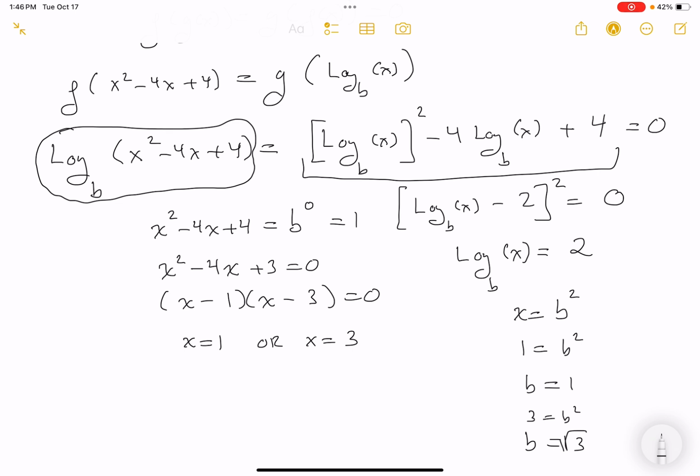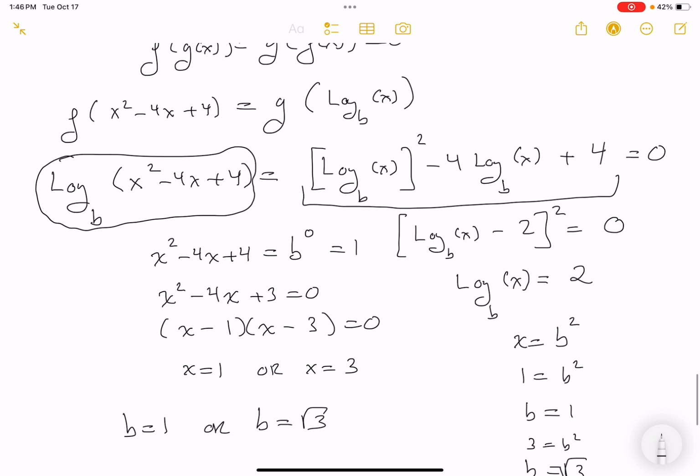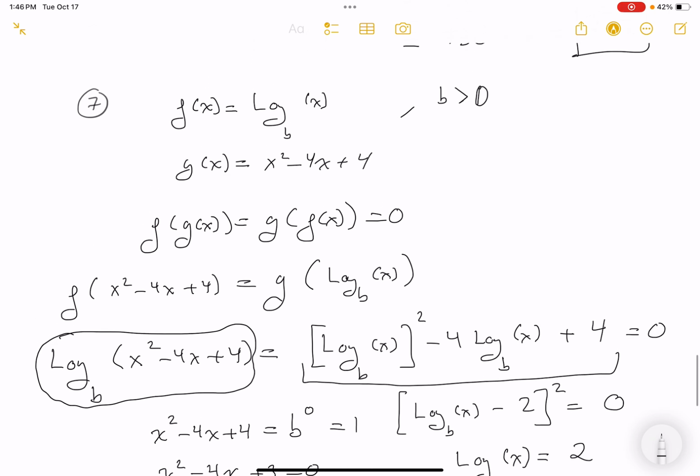So I got to think about this because I'm getting two answers over here. B is 1 or b is root 3. I get two answers, by the way. And looking at it, I want to be careful about this. I don't think b can be 1. Let me tell you why I don't think that.